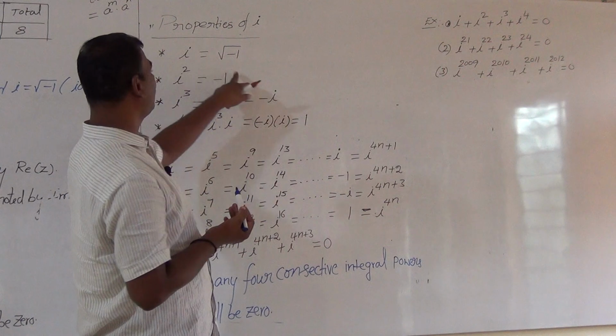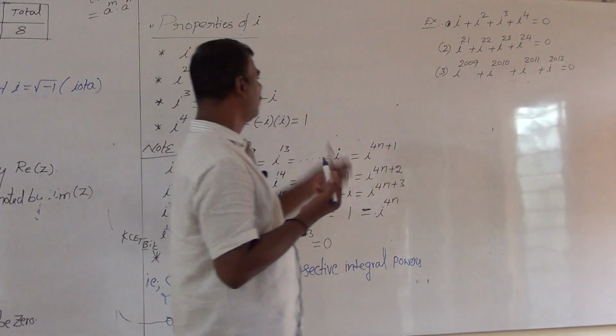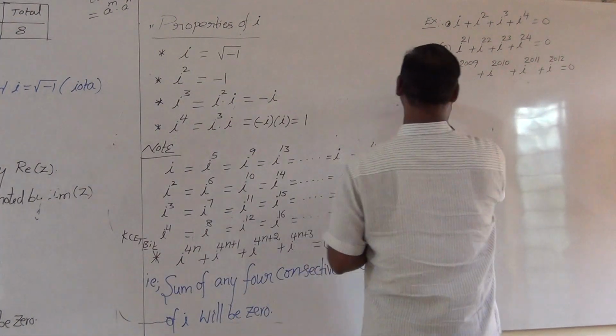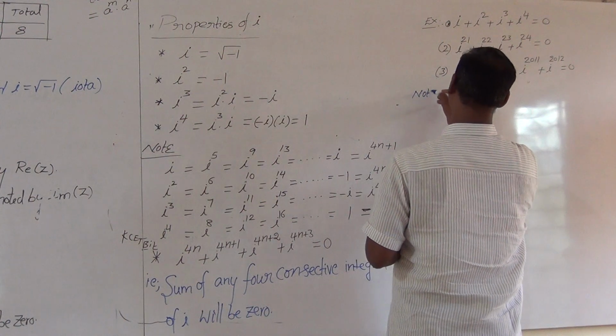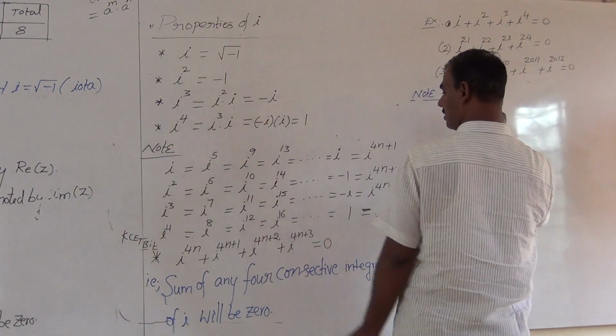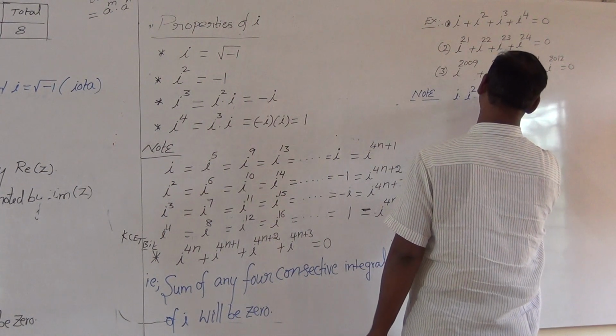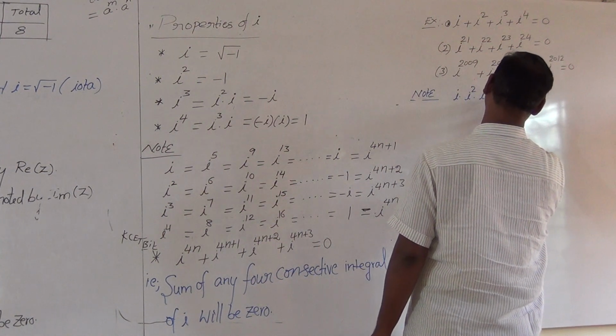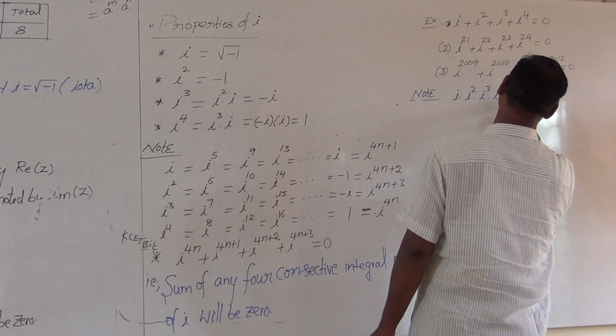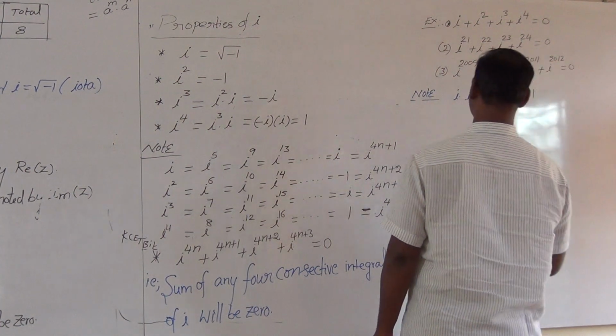Iota square is minus 1. So the product of iota, iota square, iota raised to 3, iota raised to 4 will be minus 1.